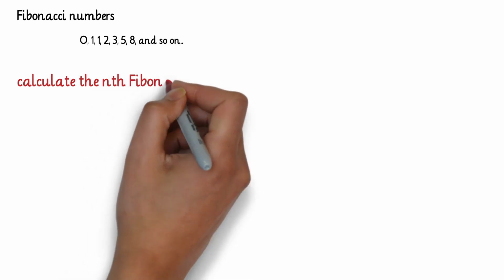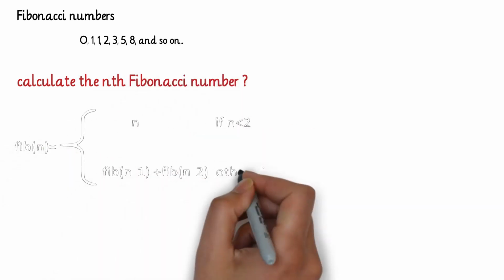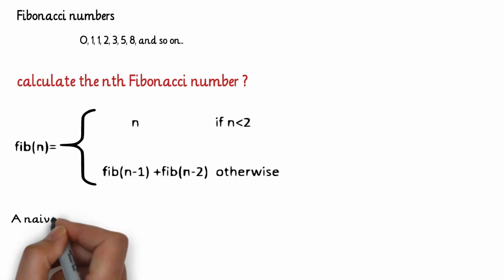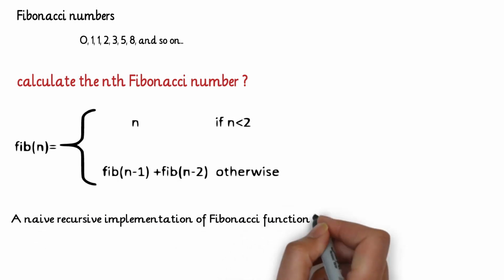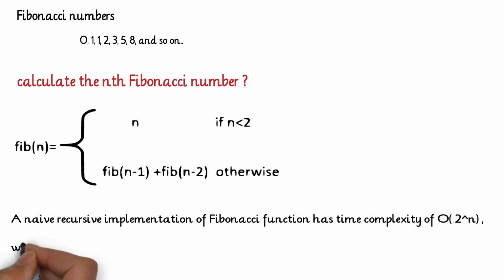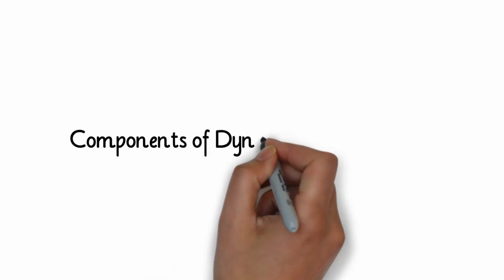If we are asked to calculate the nth Fibonacci number, we can calculate that with the following recurrence formula. A naive recursive implementation of Fibonacci function has time complexity of O(2^n), whereas the DP solution can achieve the same with only O(n) time. Components of dynamic programming.